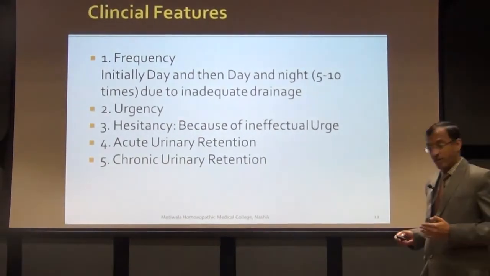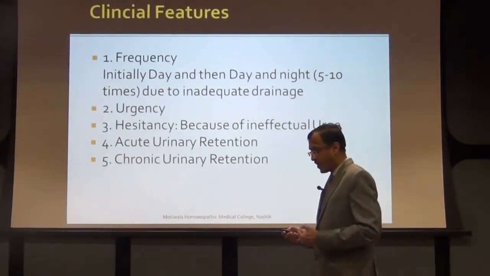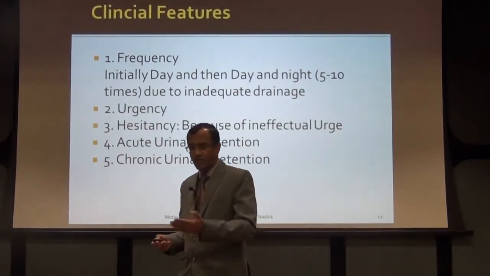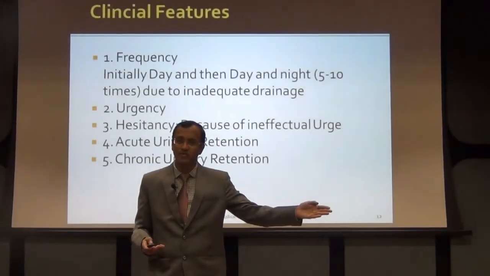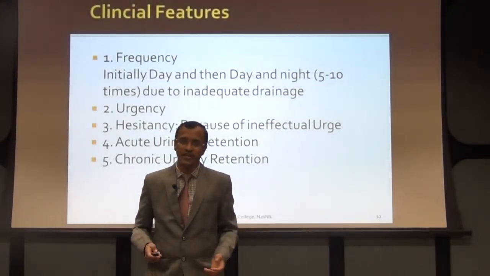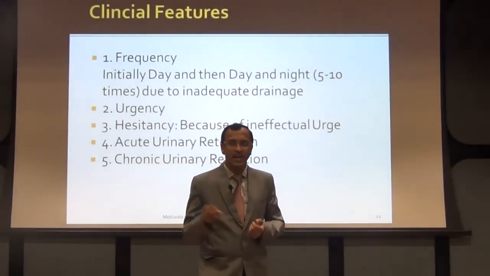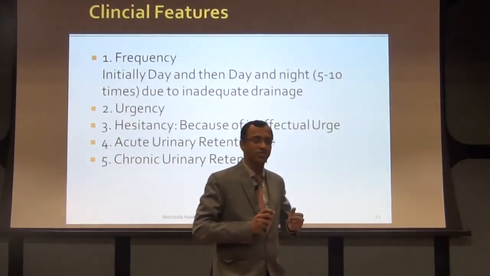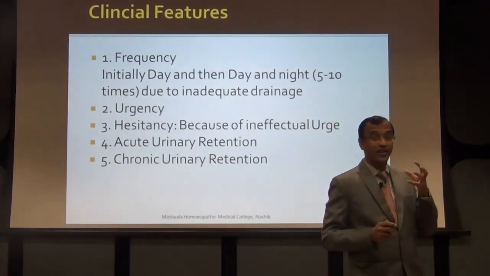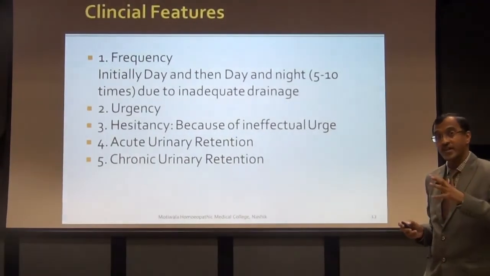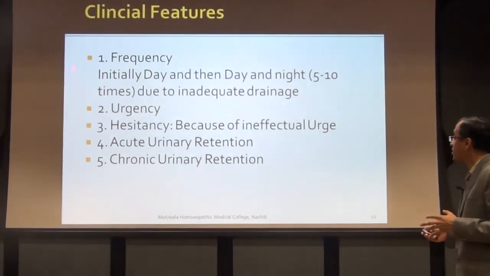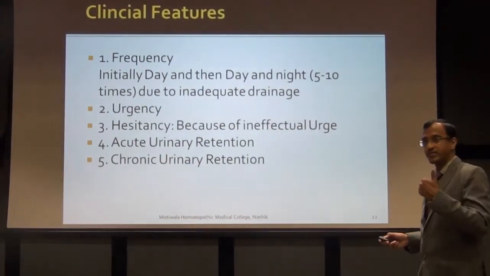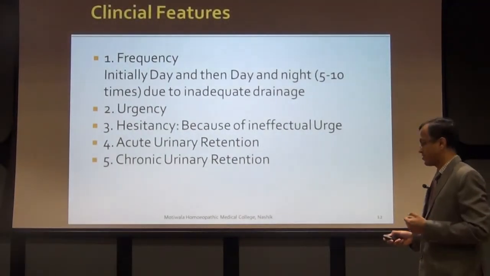If the patient is feeling discomfort, how should he go? Just two minutes ago, I went to void the urine. Now again I have to get up. I have to disturb all my family members. It is not good. So this kind of feeling affects his quality of life because of the triad of frequency, urgency and hesitancy.